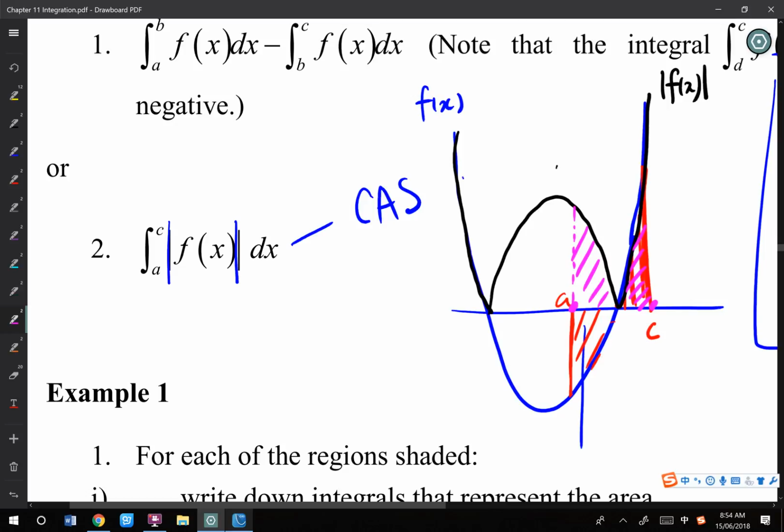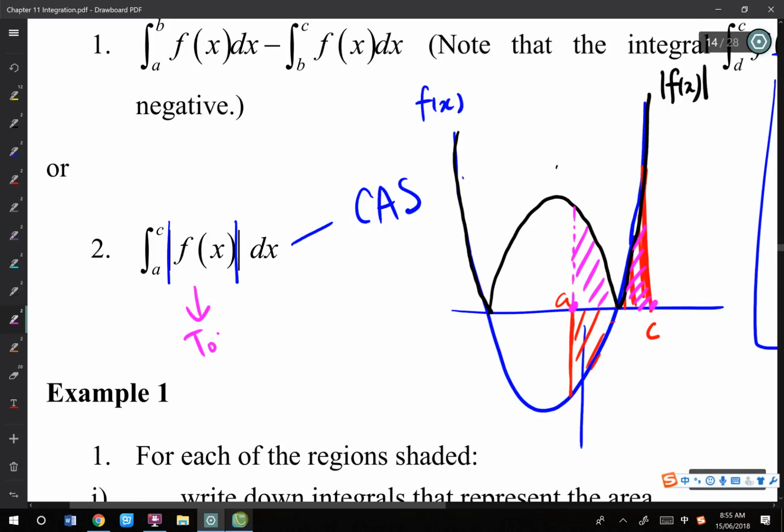So that's why I can absolute the function and it's just fine. You absolute inside, in between the integral and the dx, you absolute the function, not absolute from the outside. So give you any function, you don't need to sketch it. You don't need to work out x-intercepts. All you need to do is decide where you want to start, where you want to finish, and put absolute sign around the function. That will give you the total area.